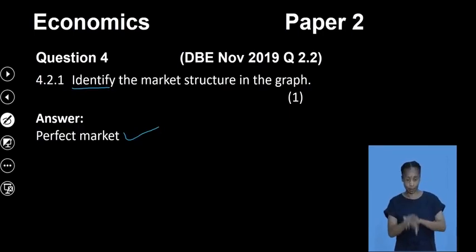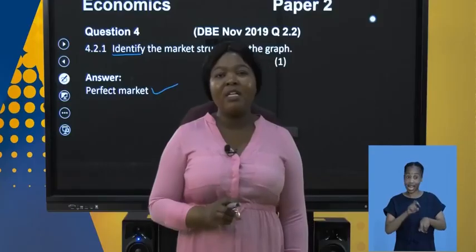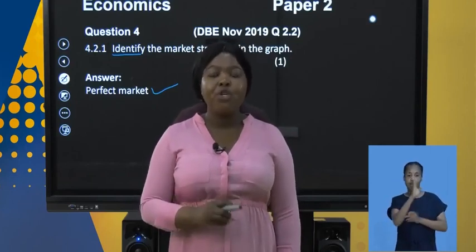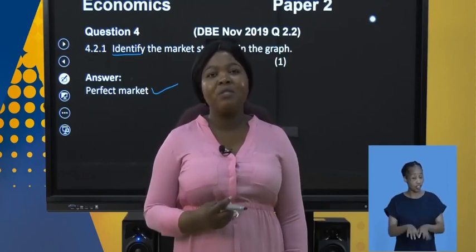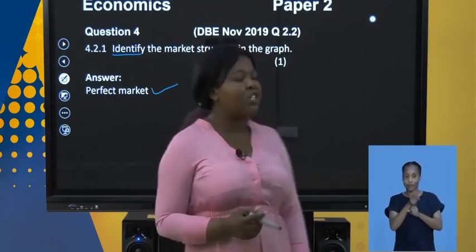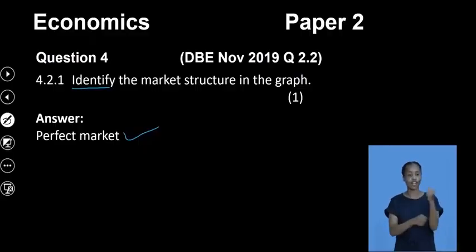In most cases, you need to be able to identify a market structure from given graphs. So when you are given a graph, you need to have some defining item that makes you remember what kind of market structure this is. In this case, because the demand curve is horizontal, you would know it is a perfect market structure.